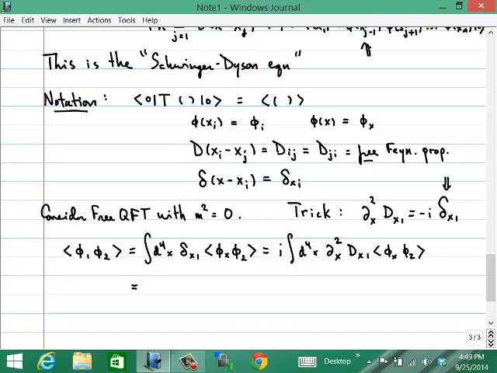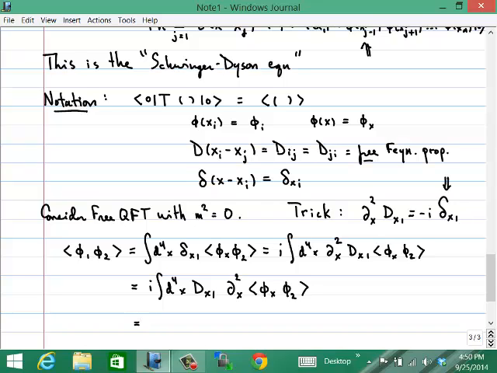Now I'm going to integrate that d squared by dx squared by parts. And I get the integral d4x of D(x, x1) times d squared dx squared acting on the two-point function of phi of x and phi of x2. Everyone with me so far?